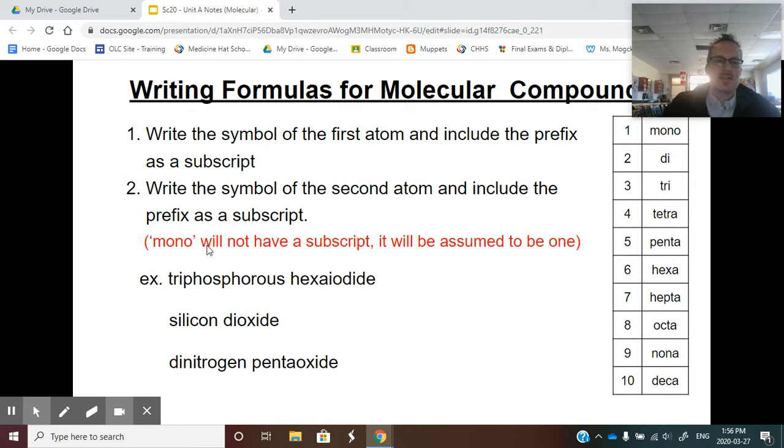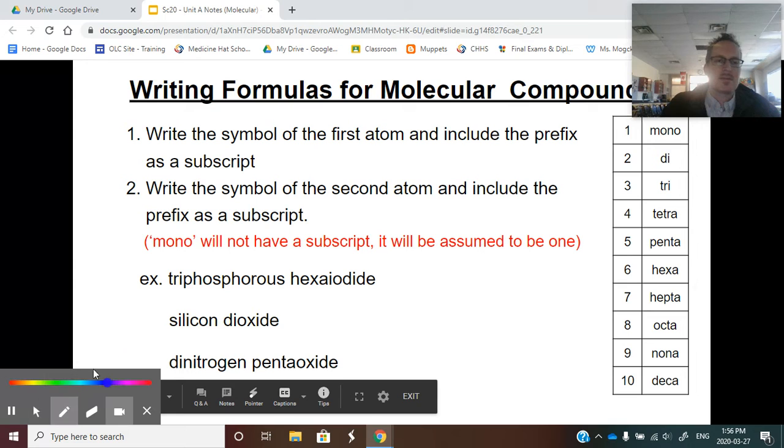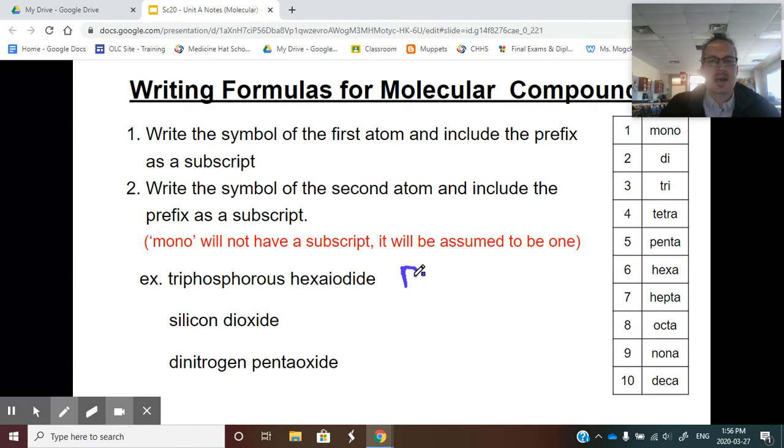So again, let's get my pen over here. Triphosphorus, so I look up. Phosphorus is a capital P. Tri is a 3. Hexaiodide, well, iodide is an I for iodine, and hexa means 6. Silicon, Si.